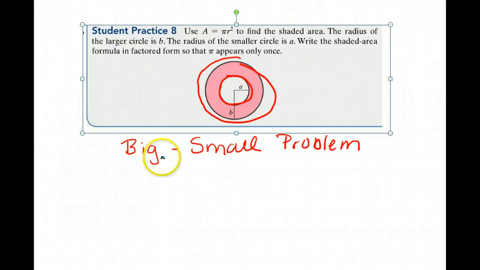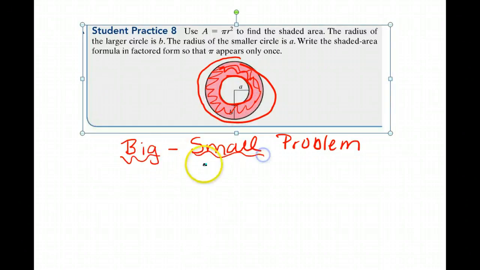So what we do is we focus on finding the area of the whole big object, and then we subtract out the area of the small object, and that's going to leave us with just the portion that's remaining. And I call that a big minus small problem. Not very technical, but it helps us to remember the process.